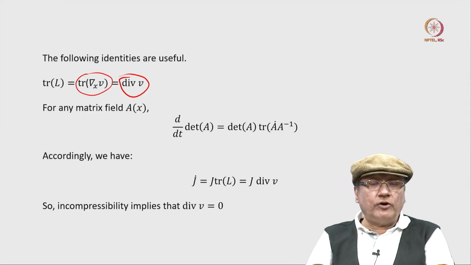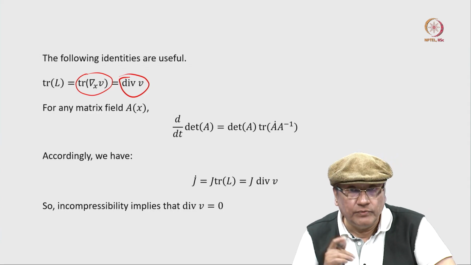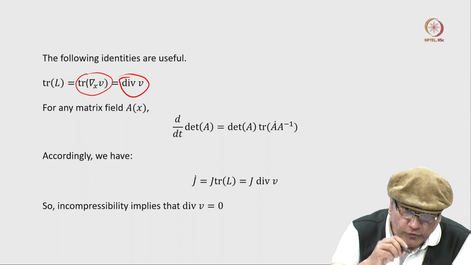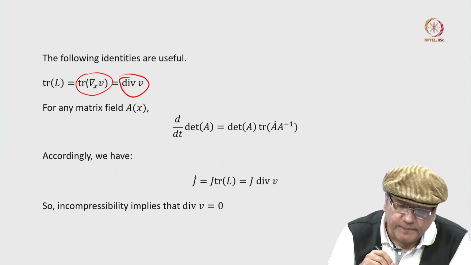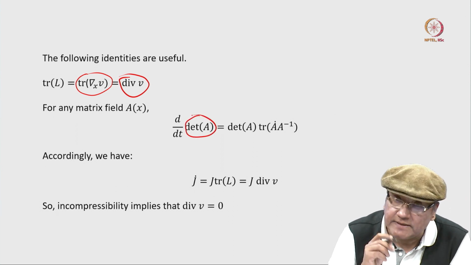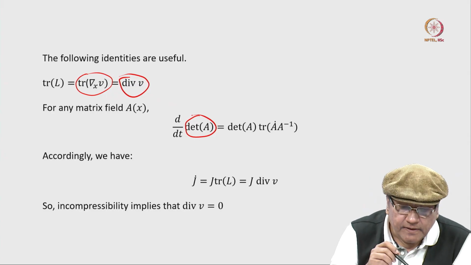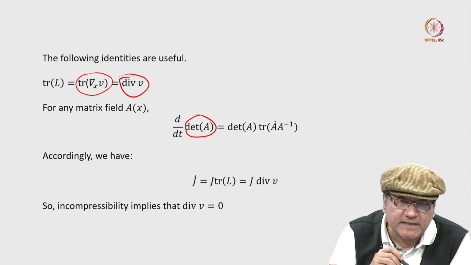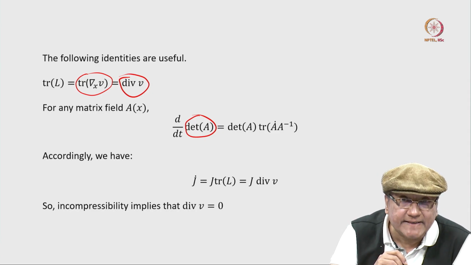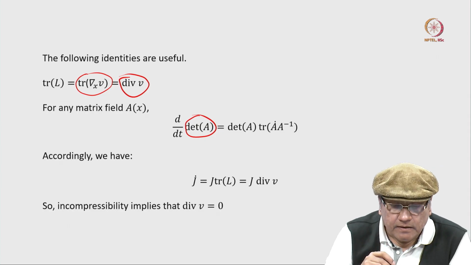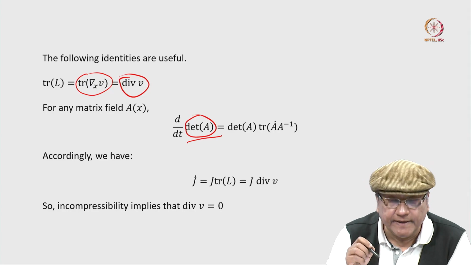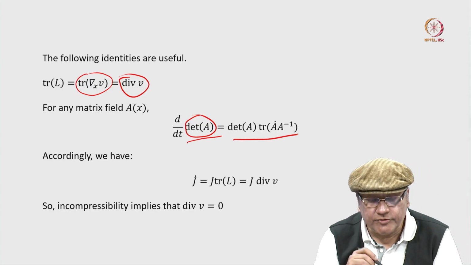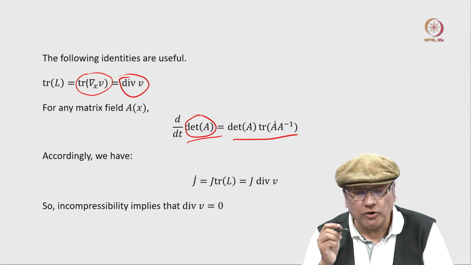For any matrix field, we can use an identity which I am not proving, but it can be easily proved based on the definition of the determinant itself. If there is a matrix field which is dependent on time, maybe not explicitly but through its implicit dependence, through the dependence of x on time, then the total derivative d/dt of the determinant of A is given by the determinant of A times trace of A dot A inverse.